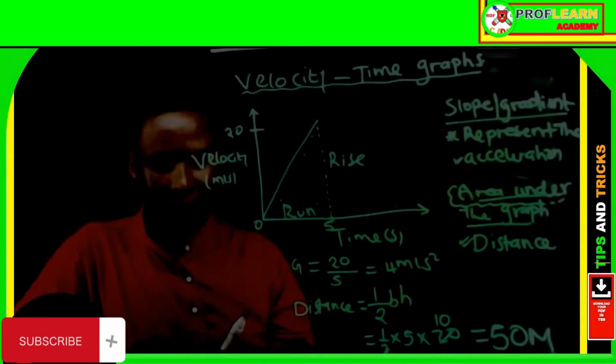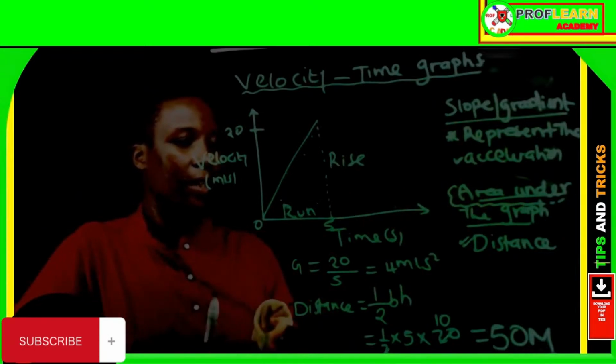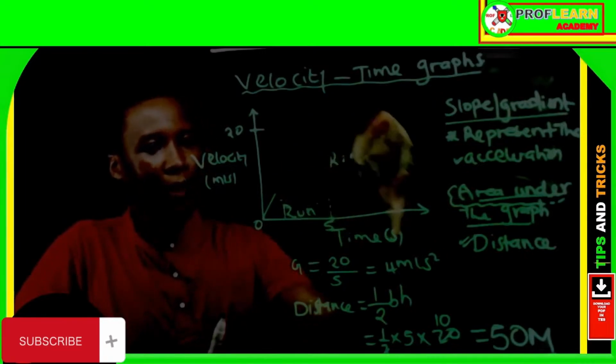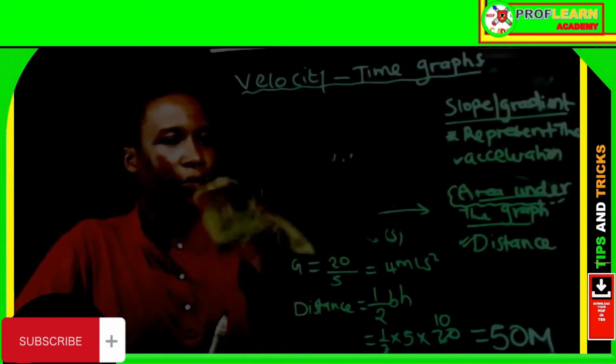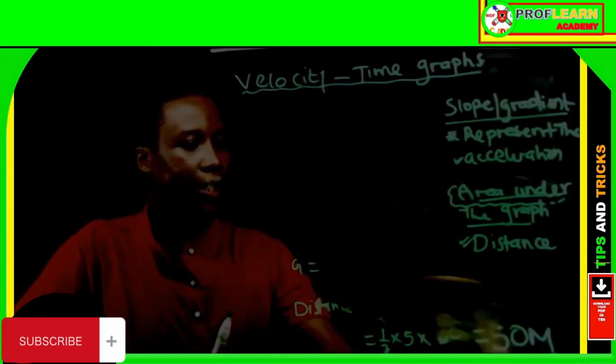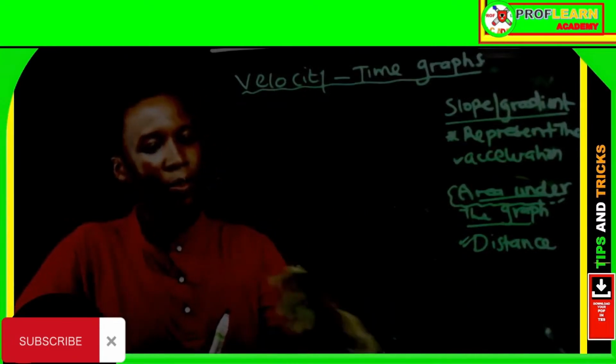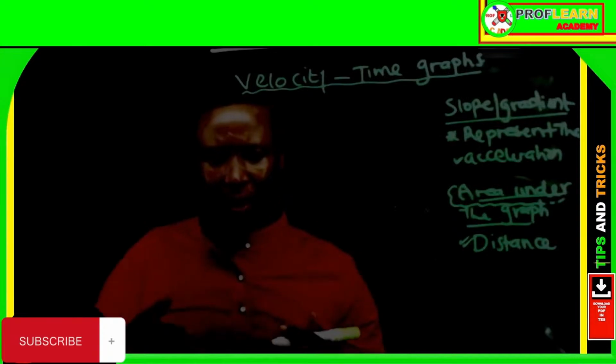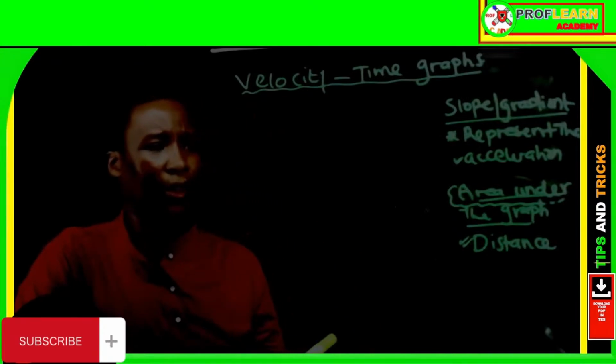So these are the features which are very, very key, and you really ought to know that. Now let us look further into velocity time graph, because this is not the only type of velocity time graph you may be given, and you will also be expected to mention something on the same.